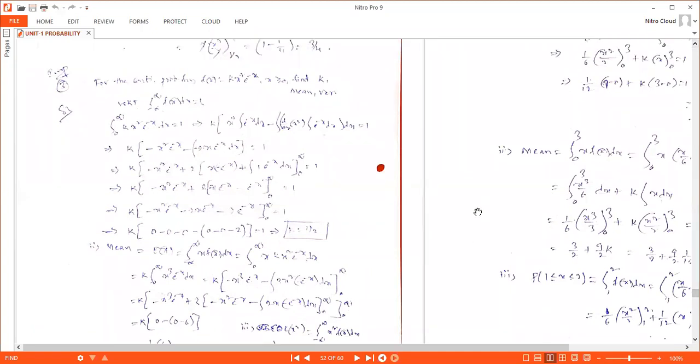In the function you have two functions, x square and e power minus x. Integration by parts. Apply Euler's rule.